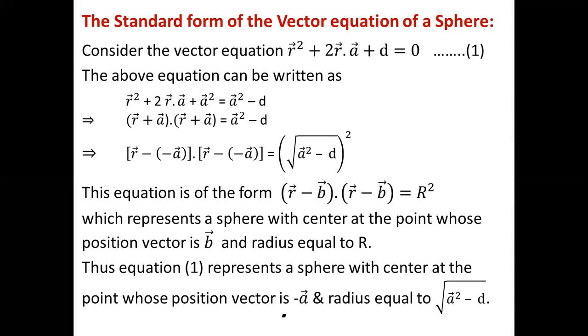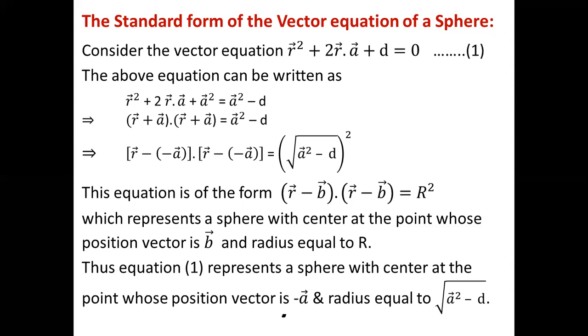r + a in the next step can be written as (r − (−a))·(r − (−a)) = (√(a² − d))². So this equation is in the form (r − b)·(r − b) = R², which represents a sphere with center at the point whose position vector is b and radius equal to R. In the previous session, we have learned the vector equation of a sphere, and this equation also resembles the same equation.